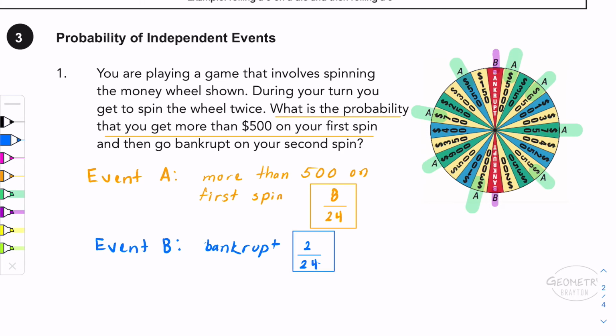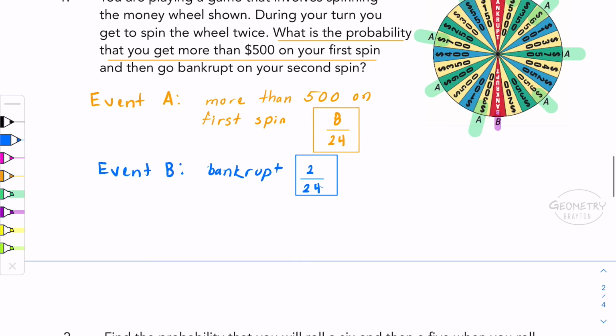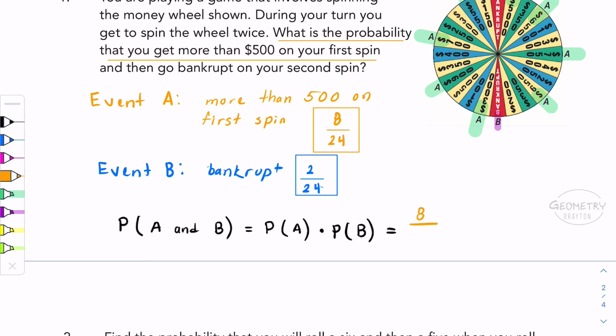So the probability of these events happening in a row would be the probability of A and B, which indicates that you're going to multiply the probability of event A times the probability of event B. That means we are going to multiply 8 over 24, the probability of event A, by 2 over 24, which is the probability of event B. This is going to be 16 divided by 576.